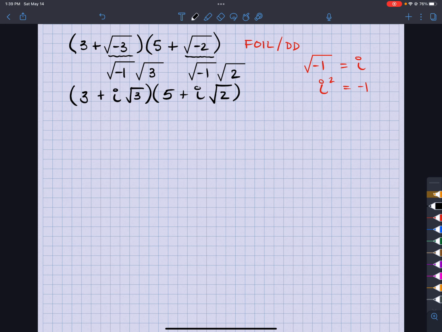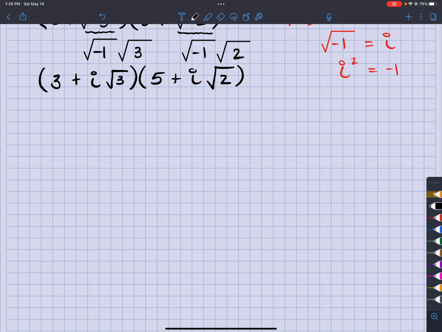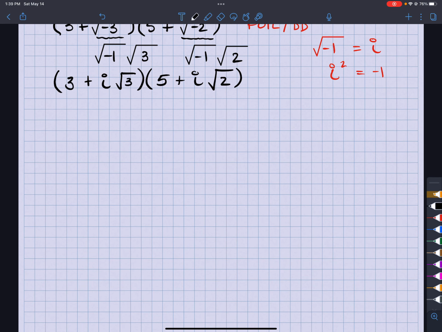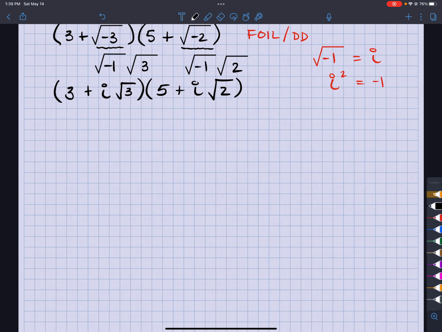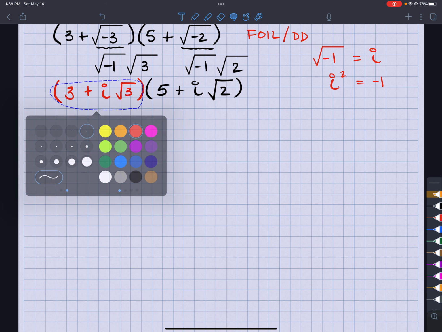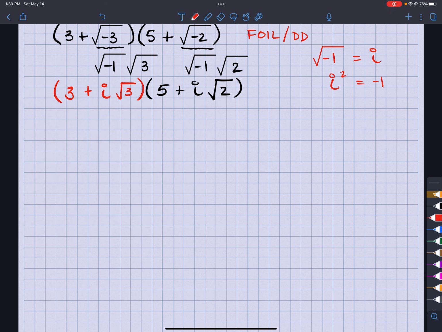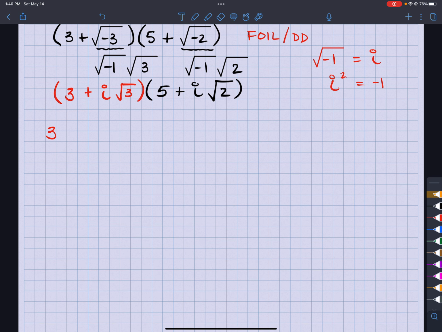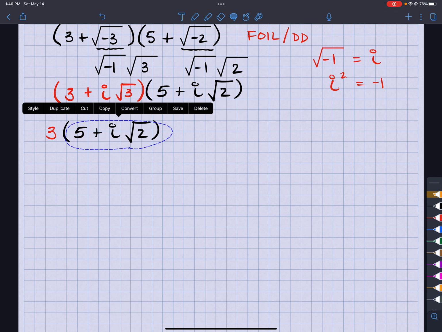Now, one of the things I would suggest when you're doing this is that it's a lot harder to see your FOIL with this. So my suggestion is to go ahead and actually show the double distribute, meaning that I would take the first term from that first parentheses and multiply it by the second parentheses to actually show that, because that'll be easier to see.